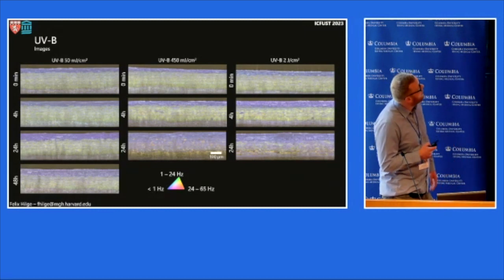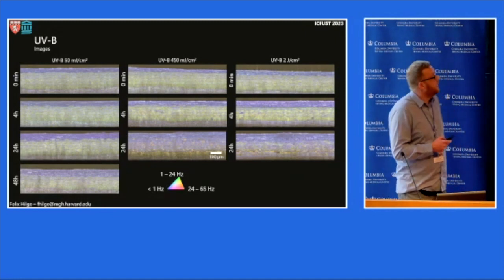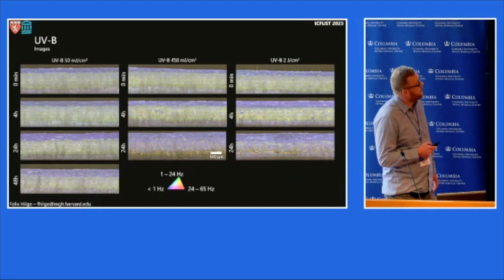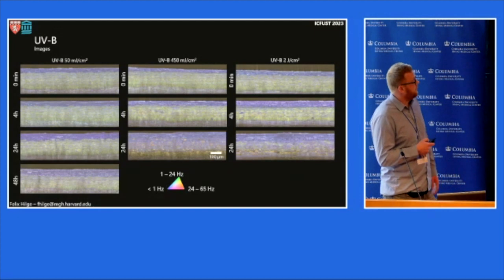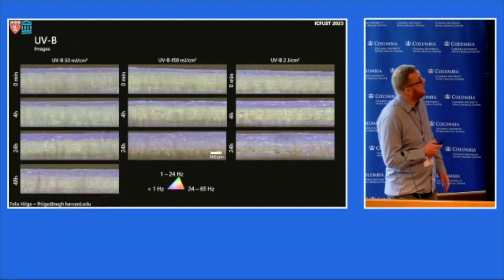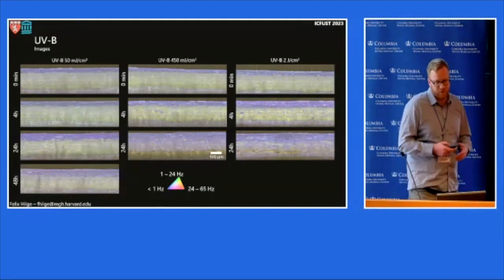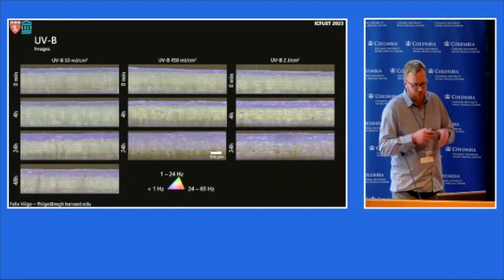But you can see that the nuclei tend to become more orange even after 4 hours, and especially after exposure with 2 joule. And after 24 hours, the cells are basically dead. There was still some signal from nuclei left, but the cytosol is barely even visible, probably because it's already broken apart.